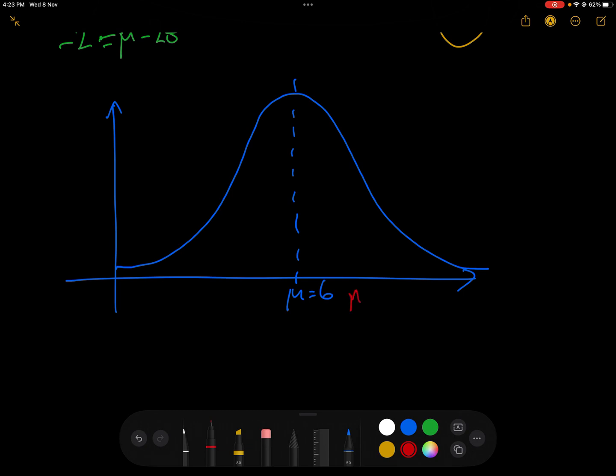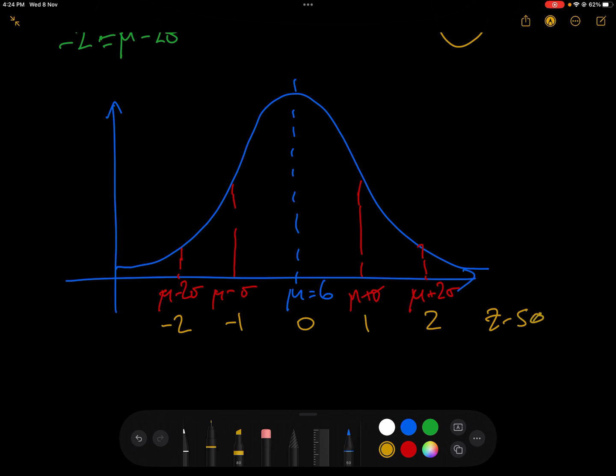So mu, that's the mean, plus 1 standard deviation is here, and mu minus 1 standard deviation is here, and mu minus 2 standard deviations is here, and mu plus 2 standard deviations is here. So they correspond to the z-scores of minus 2, minus 1, 0, 1, and 2. We can actually predict the probability of somebody getting various scores.